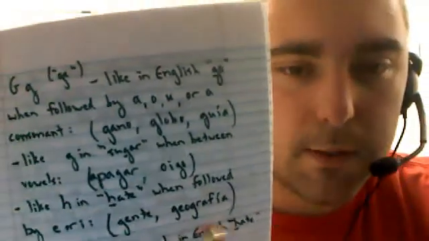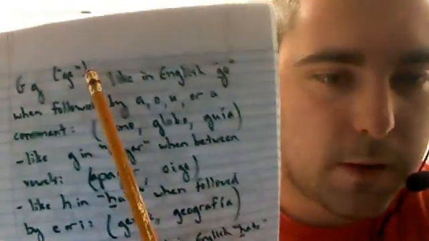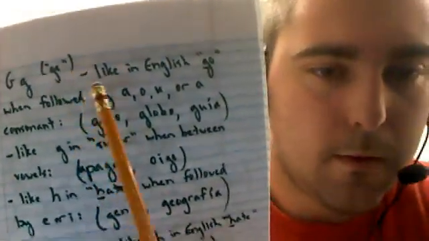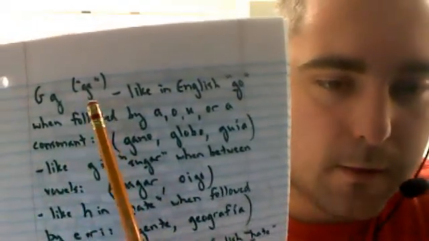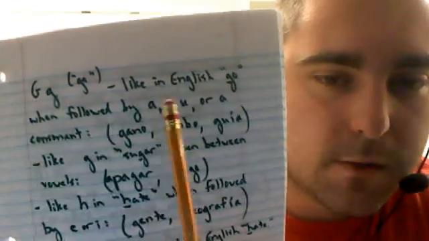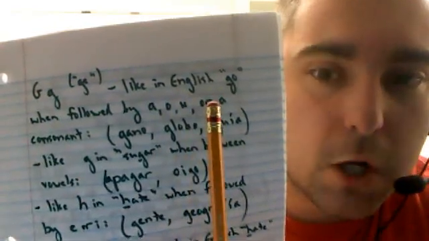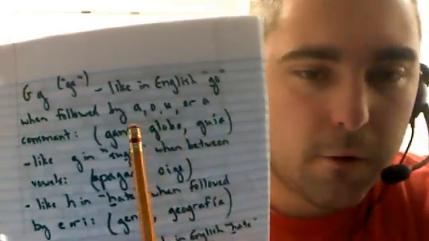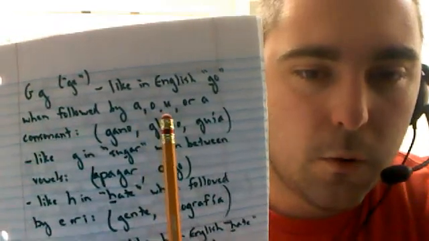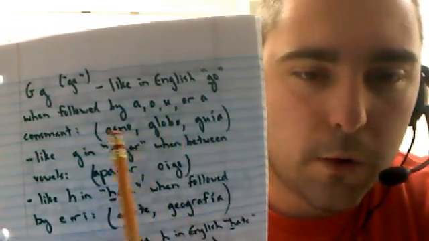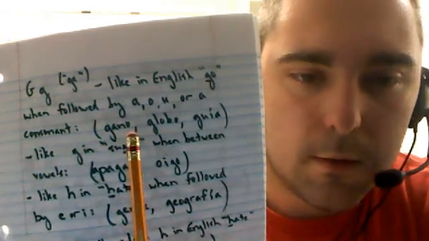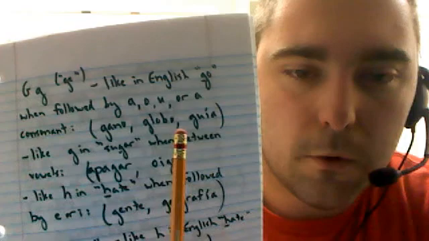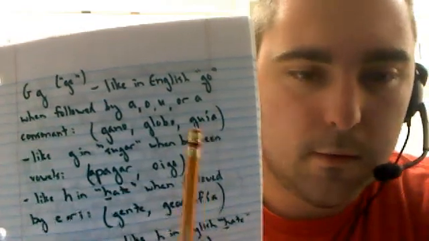Spanish G is a fairly complex consonant. The name of this letter is ge. It's pronounced like the G in the English word go, whenever it's followed by an A, O, U, or a consonant, such as gano, global, and guía.